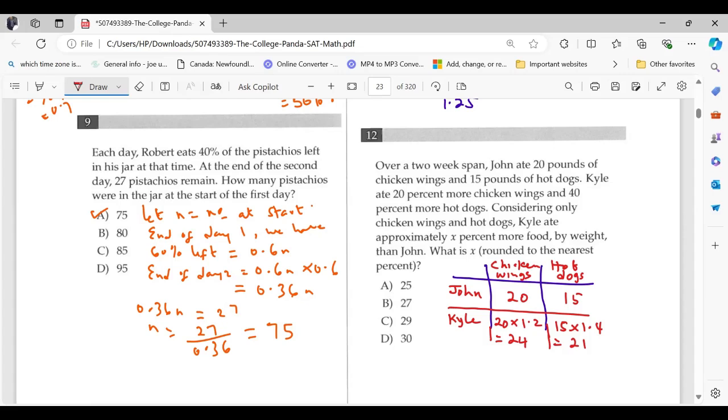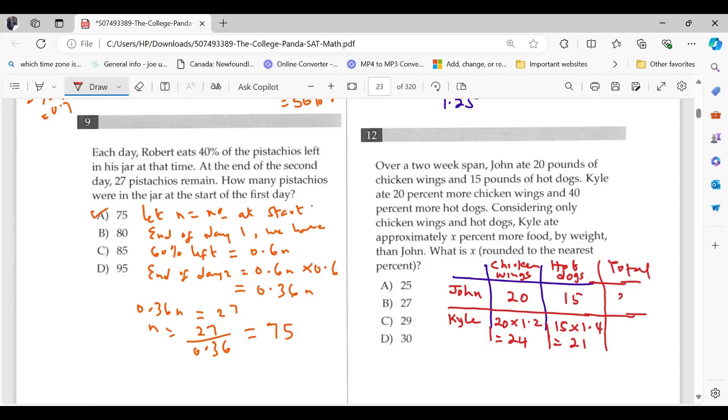It says Kelly ate approximately 8% more food by weight than John. So let's do the total here.